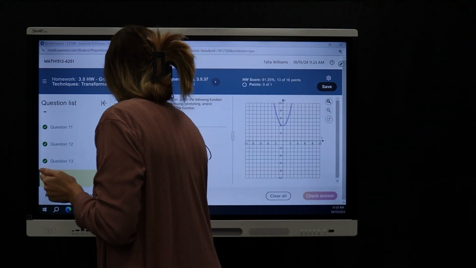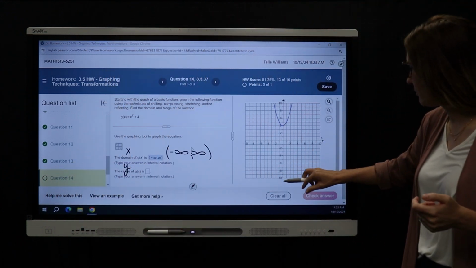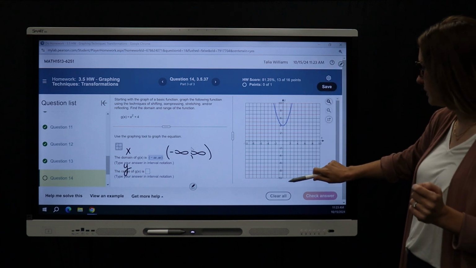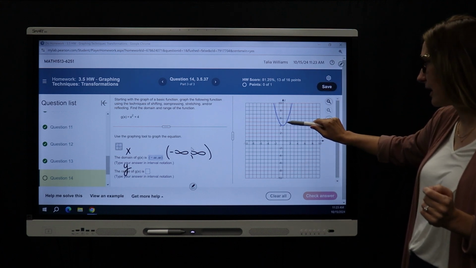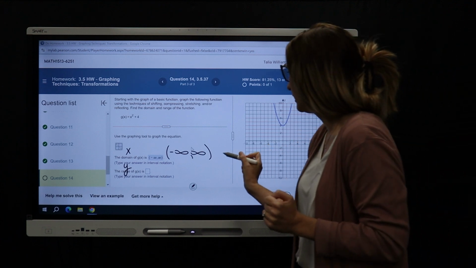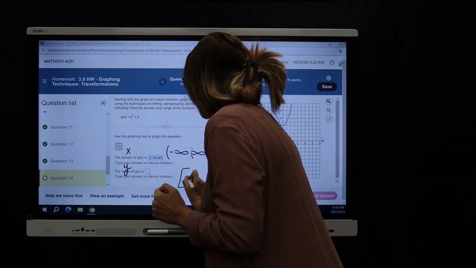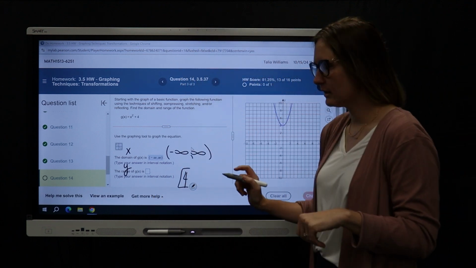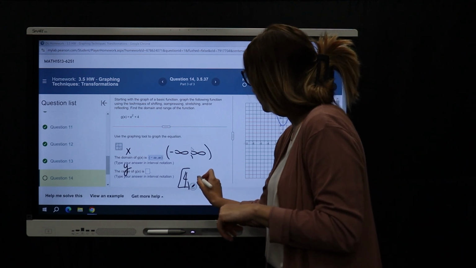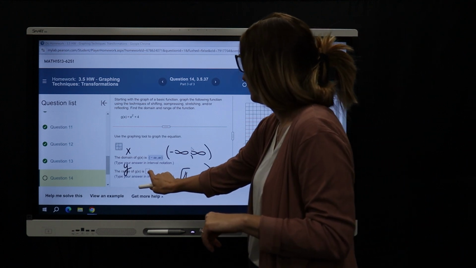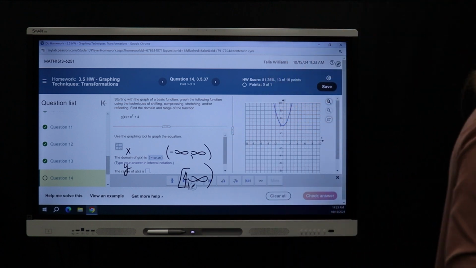In our graph here, when you do range, you go bottom to top. So going from the bottom, you get to the graph at positive 4. And since it's at positive 4 and you can equal it there, it gets a bracket, and then it goes off the top of the graph to infinity. So bracket 4 to infinity.